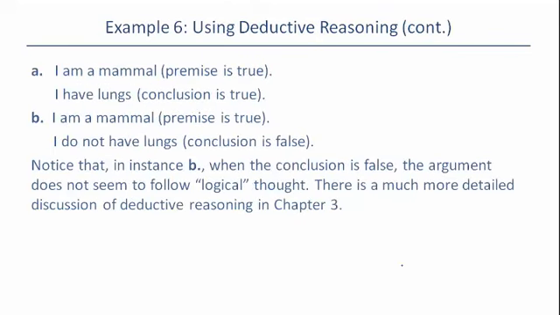So, part A, right? I am a mammal and I have lungs. So the premise was true and the conclusion was true. And then B would be I am a mammal and I don't have lungs. The conclusion is false. But notice that in B, when the conclusion is false, the argument does not seem to follow logical thought.